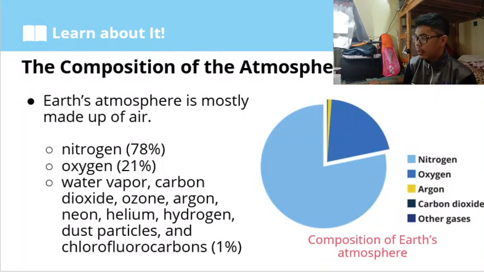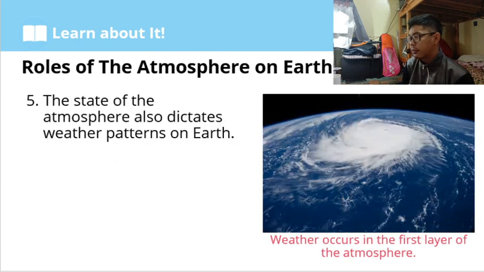And lastly, the state of the atmosphere also dictates weather patterns on Earth. In the atmosphere is where different wind or air activities happen. They are affected by pressure, altitude, and temperature, which cause those different air activities in the atmosphere that produce different weather patterns.